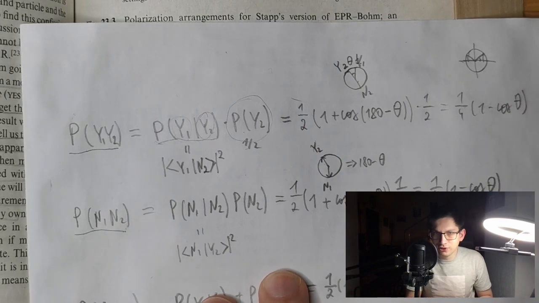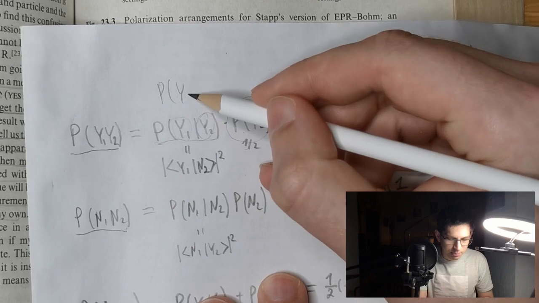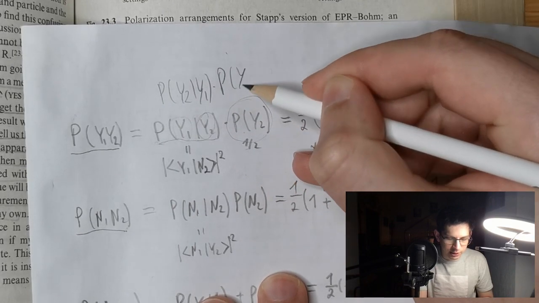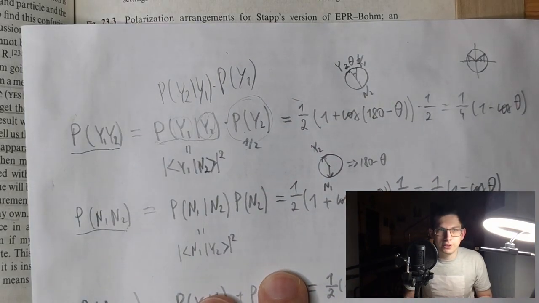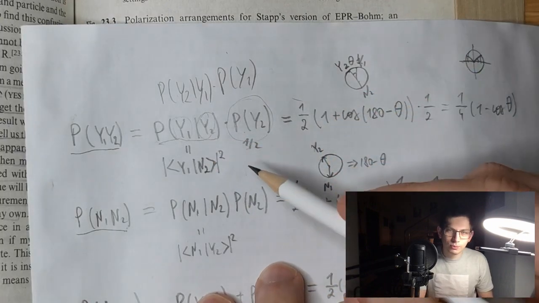Actually, this situation is symmetrical, so it doesn't matter if you take P(y2, y1) multiplied by P(y1) here. So the situation is totally symmetrical.